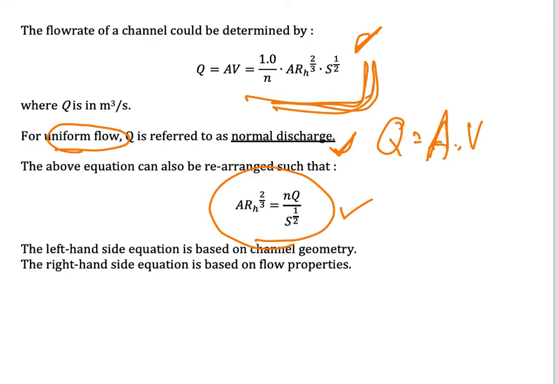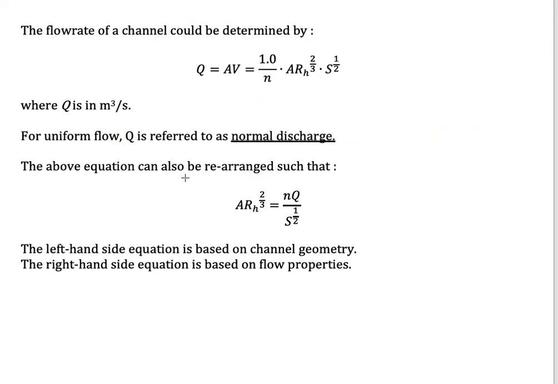Because this equation shows the idea of the open channel conduit. For example, the value of A R here: A is the cross-sectional area and R is the hydraulic radius. All of these are actually the design, which means they show the channel geometry.